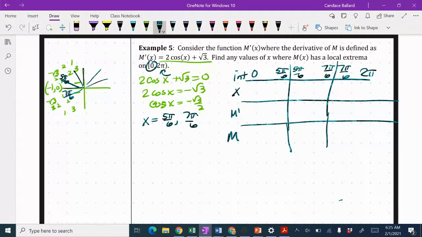Something that's in between here, I could pick, let's do pi over 2, which would be right in here. In between these two, I'm just going to say pi.